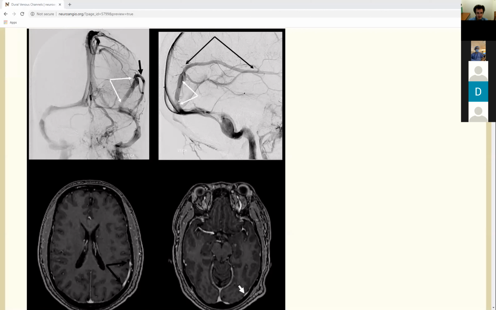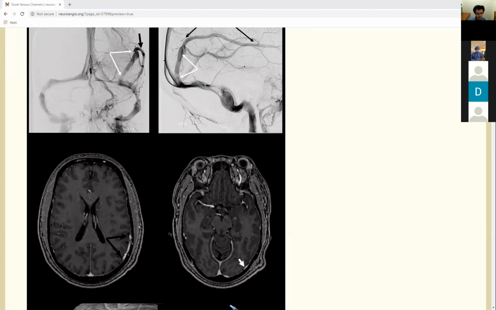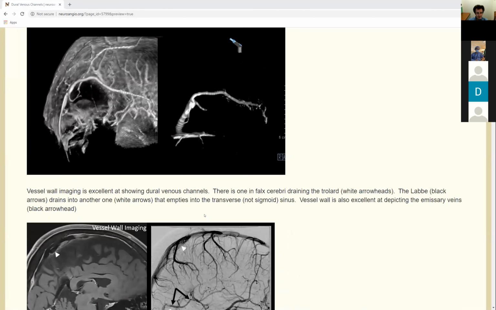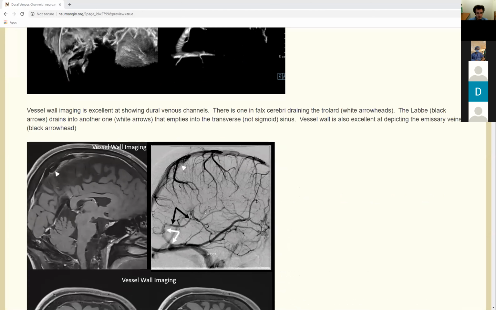And the connection between this segment and whatever you're going to call that, the transverse sigmoid junction, is running in the dura, and we can call it whatever, but this segment is running within the dura, and you can see that on the angiogram, and you can see that on the MRI. So here and here you see that flattened transition, right? And there's many ways. The more we look, the more we see.